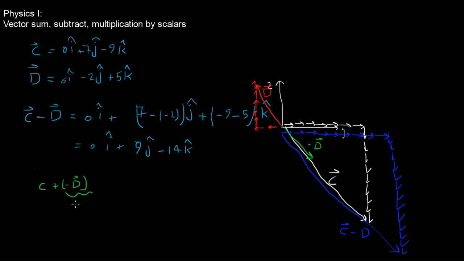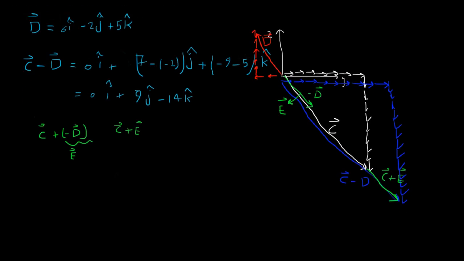So let's say it's E. So I have C plus E now. And this is E. So it's like before. I have C here, and if I add E at the end, I will get C plus E. But E is simply minus D, so I got the same thing.